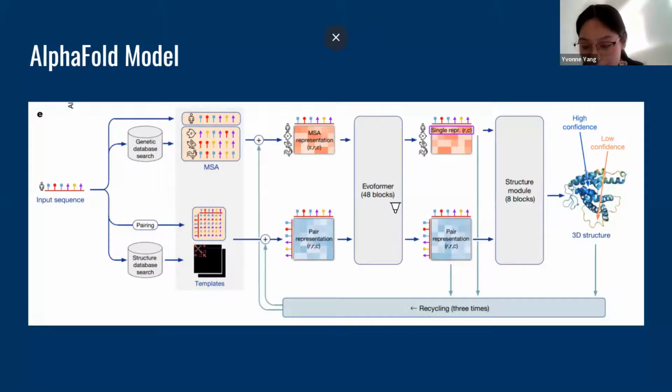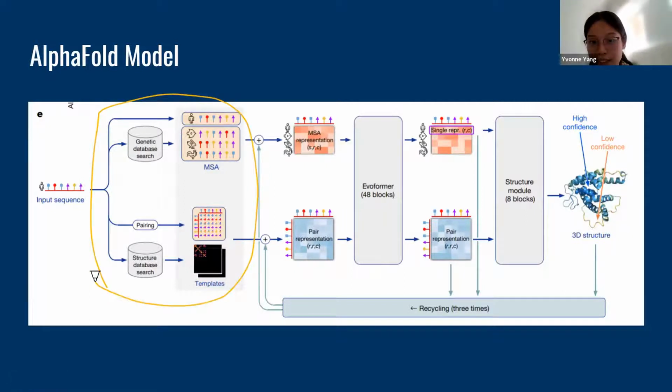Later on, I'll open up the floor to discussion and people can ask about specific things. First of all, there is what they call the pre-processing stage, where 2 important databases are consulted.